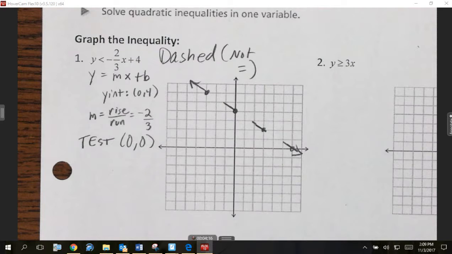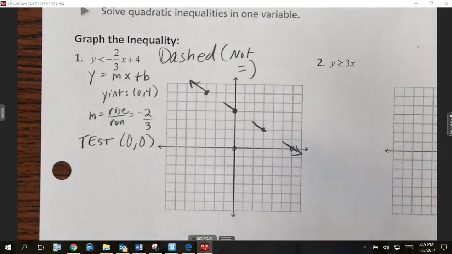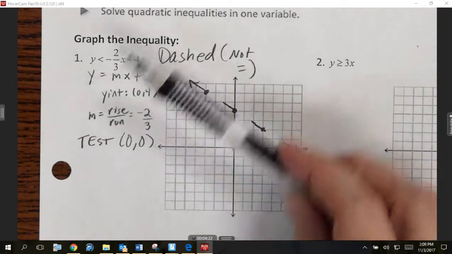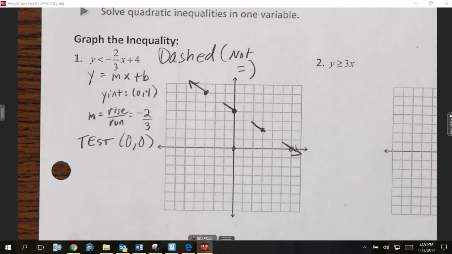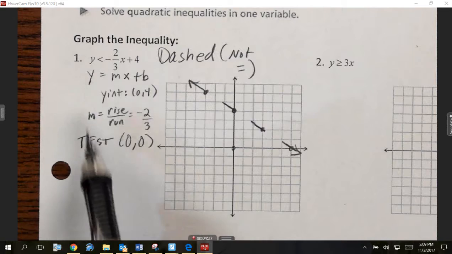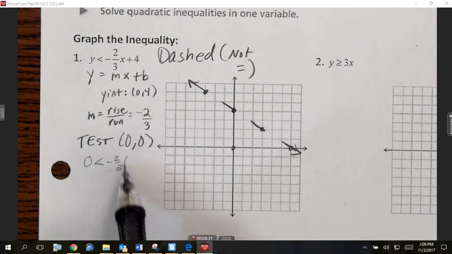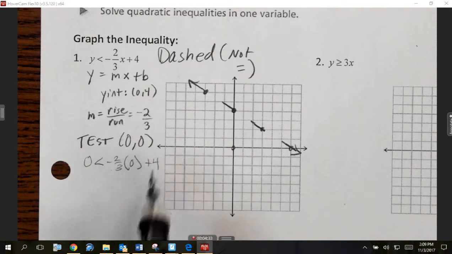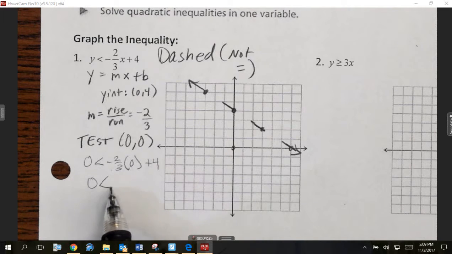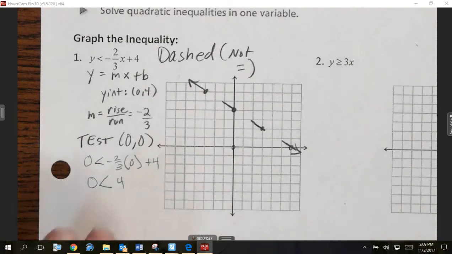I'm going to do (0, 0). And (0, 0) is not on the line. It is on this side of the line. So we're going to see if it is a solution or not. So we test (0, 0) in the equation. We put it in: y, so 0, is less than negative 2/3 times x, so 0, plus 4. And we simplify that. We get 0 is less than 4. And we say, is that a solution?